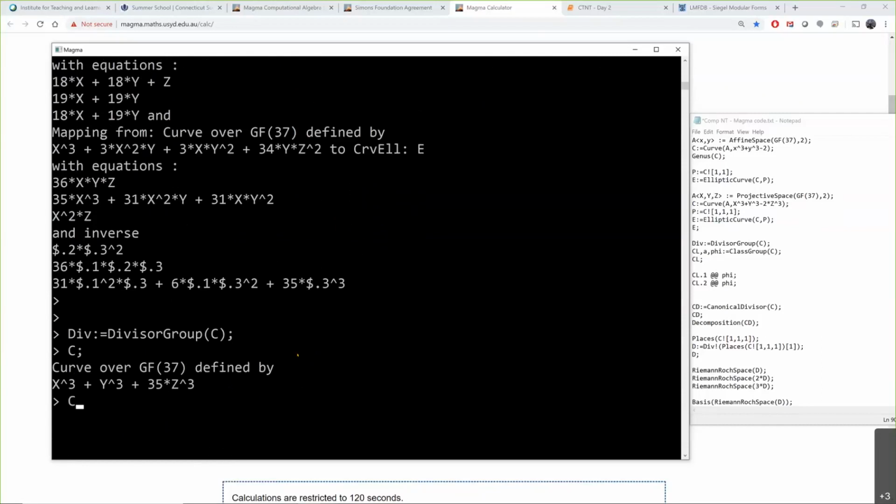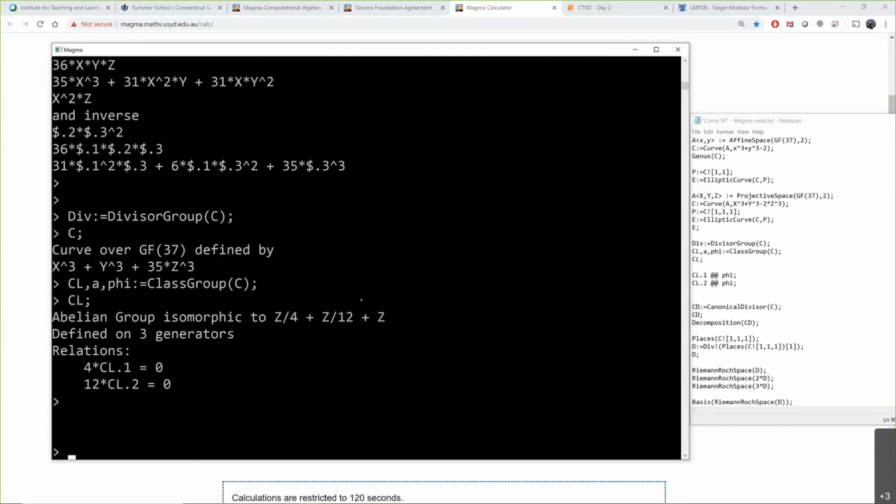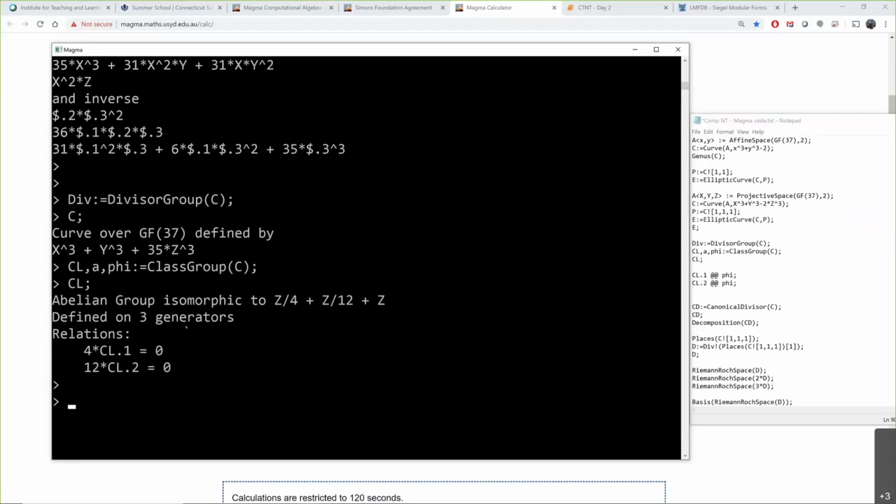I can also compute the class group of divisors, so divisors modulo principal divisors, and it will tell me what the structure of that group is: infinite, and there is some torsion and so on. You see, class group passes along 3 things. The third thing is the map that goes between generators of the class group and divisors.